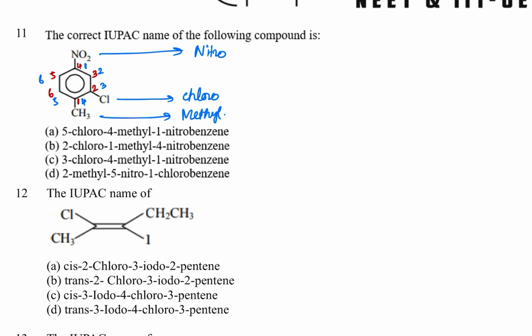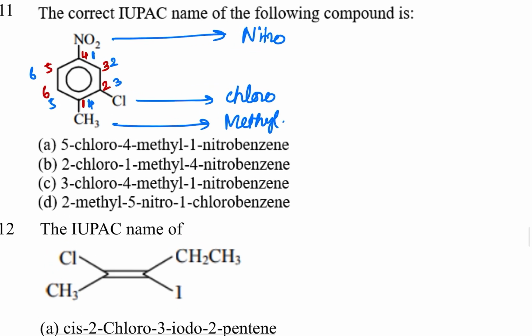So you can see the blue one or the red one, right? If I see the blue one, where do I have the substituents? I have substituents at the first position, at the third position and at the fourth position. What is the sum total? 8. If I go with the red one, where do I have substituents?